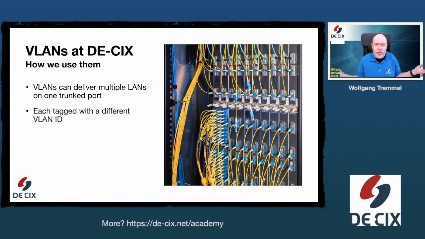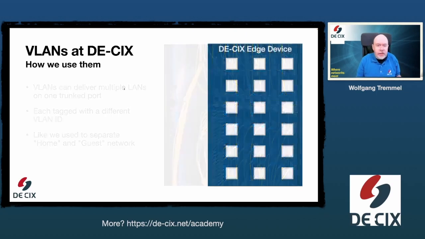And since all of our customers use professional devices, their routers can do that. And we are simply tagging different services, different LANs with a different VLAN ID, like we separated the home and the guest LAN, we can also separate different services.